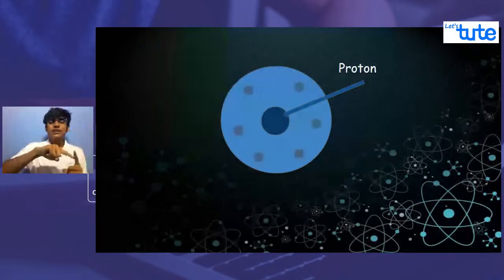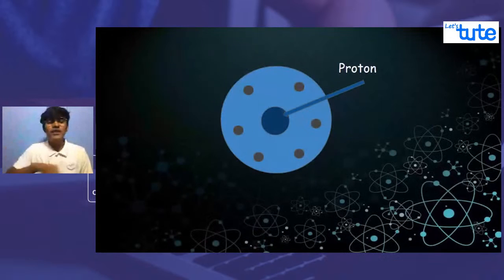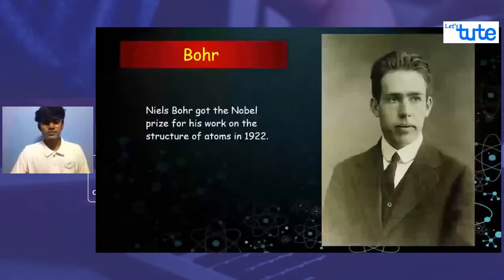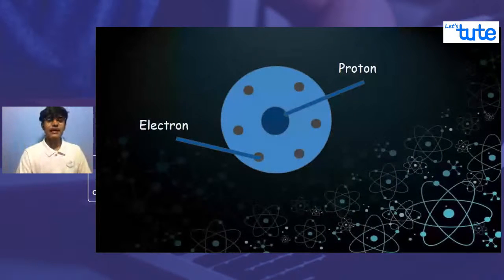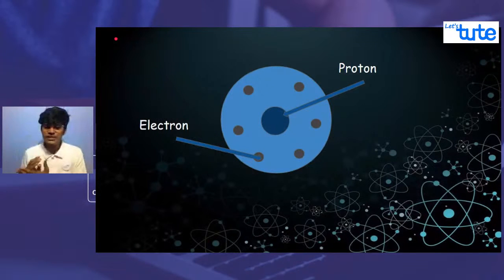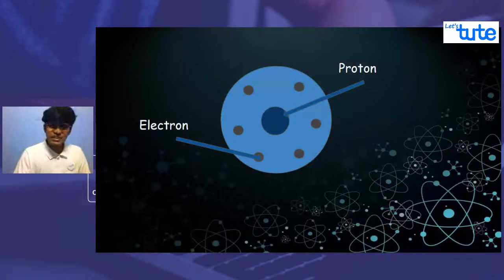These electrons are actually on the outer circle of the atom, just revolving around it. So these are electrons. Now Rutherford said that the protons, the positively charged particles, are actually concentrated in the atom, and the negatively charged electrons are revolving around the nucleus.